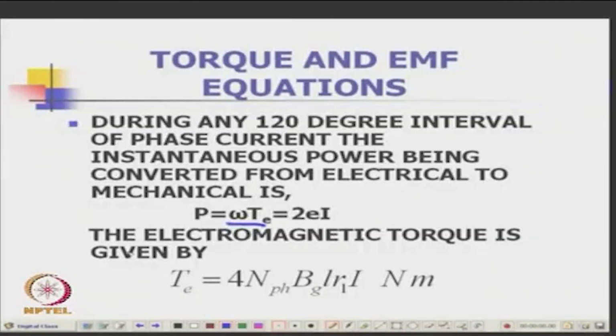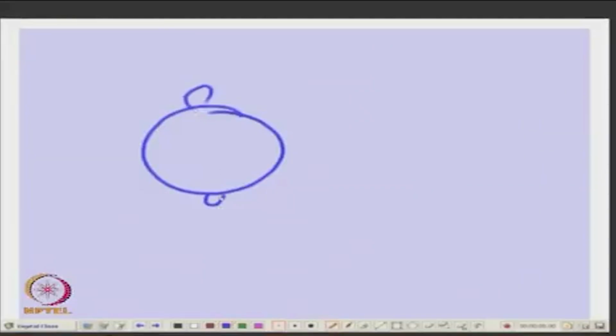And the torque, the power that is fed into the motor will be twice E into I, because 2E is the voltage induced into I. You are aware of any DC motor, the power will be, you are aware of a DC motor, you pass a current I and there will be E, is not it.